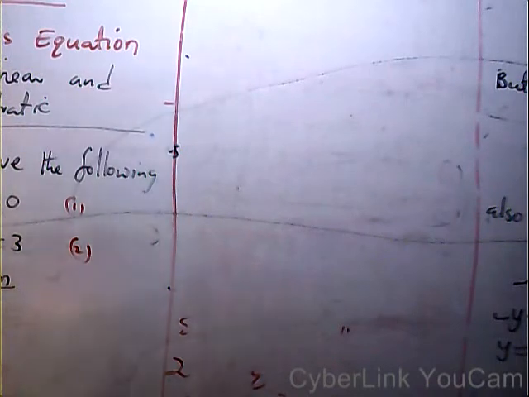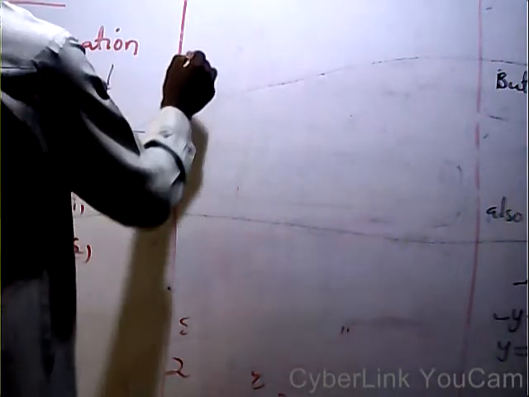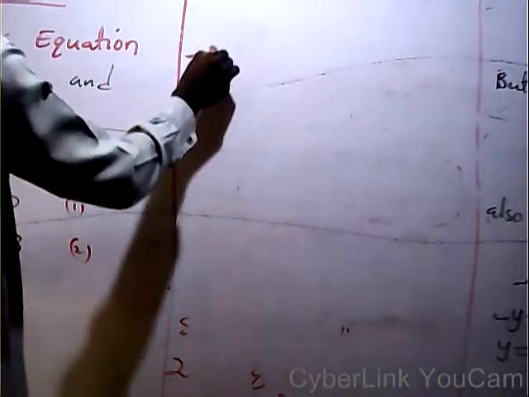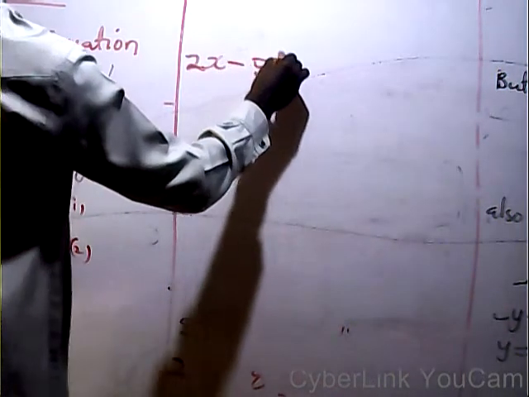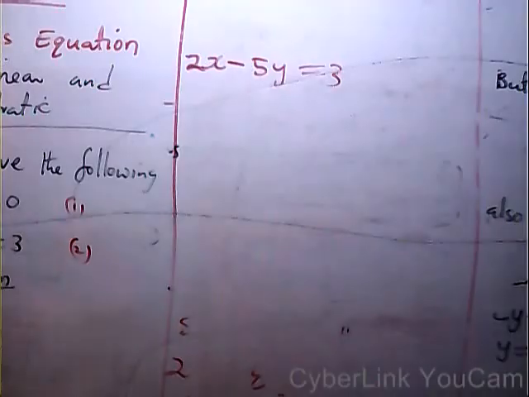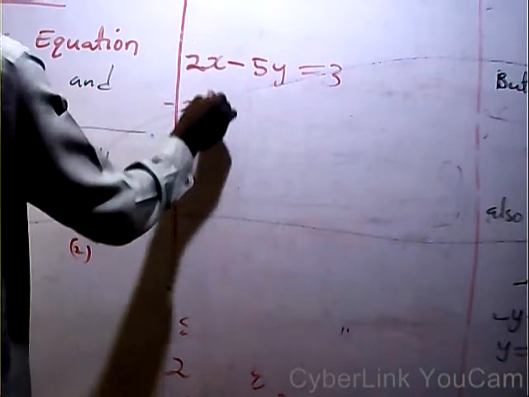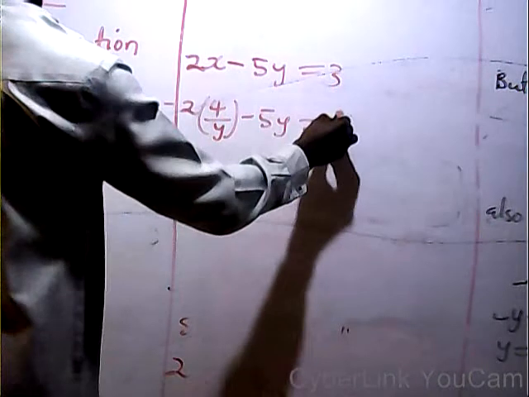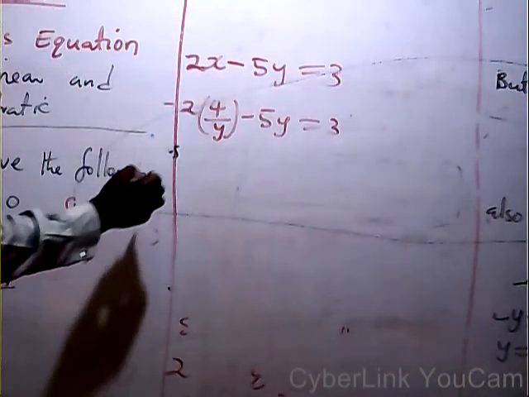Equation 2 will now become 2, and what is my value of x? Don't forget equation 2 is 2x minus 5y is equal to 3. But we have been able to establish that x is equal to 4 over y. So we now have 2 into bracket 4 over y minus 5y is equal to 3. So if I open the bracket, we have what?